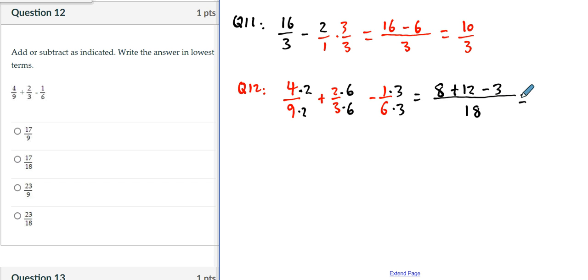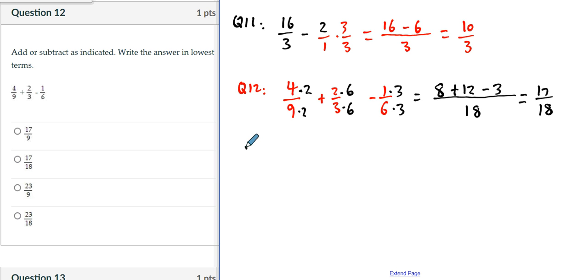So 8 plus 12 is 20. Subtract 3, you have 17. 17 over 18. Which one is that? The one right here. 17 over 18.